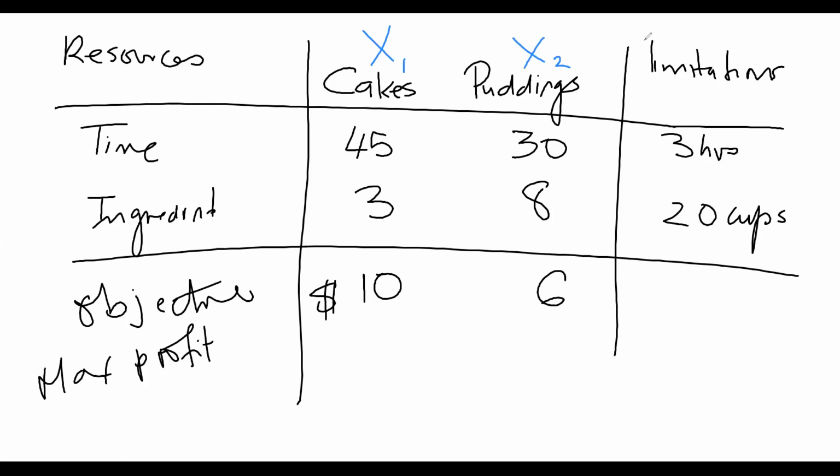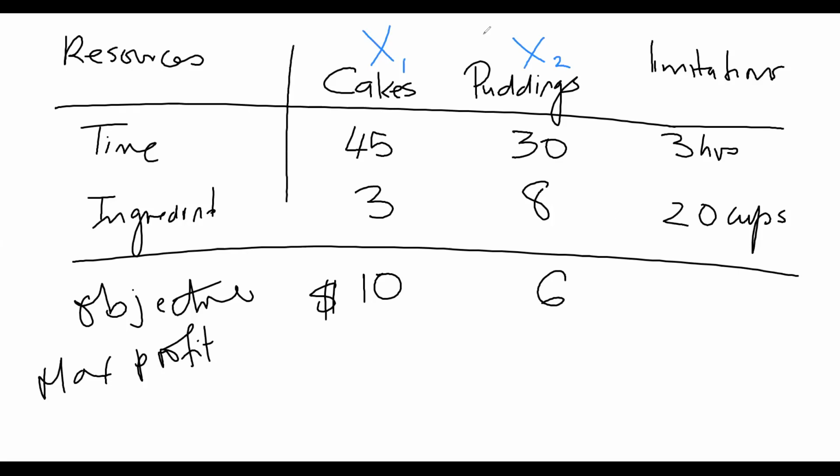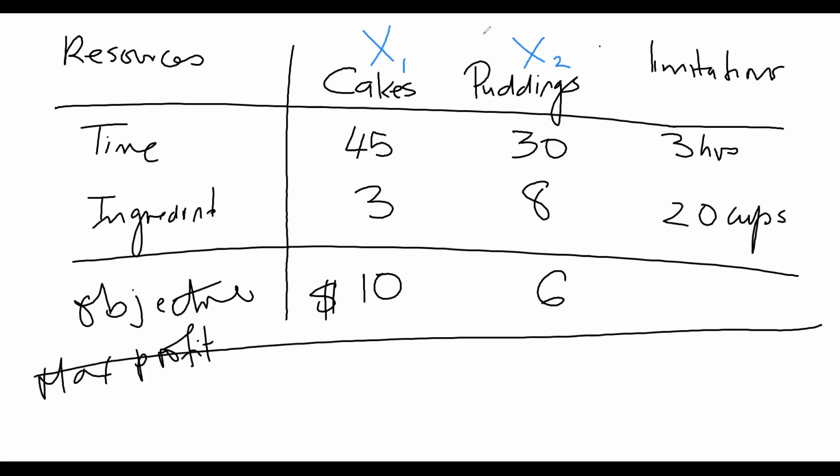So let me just take out this line so that it is not so long, so I can get that space. Good. So that's what it looks like. This is how you now write your linear programming. Pay careful attention.